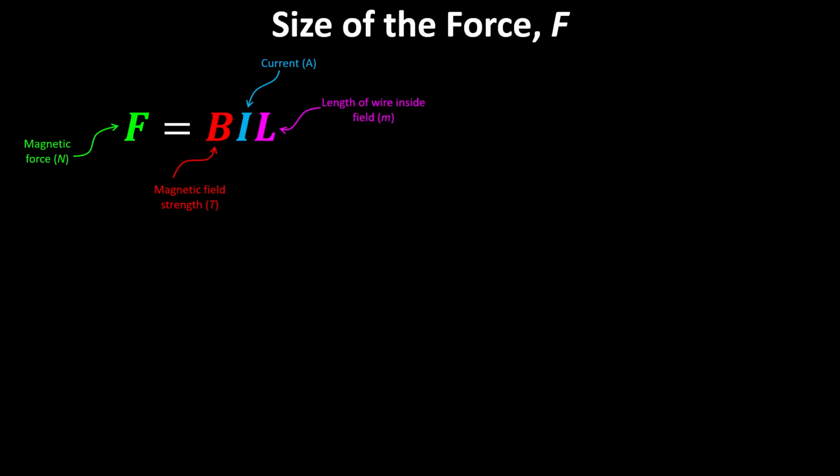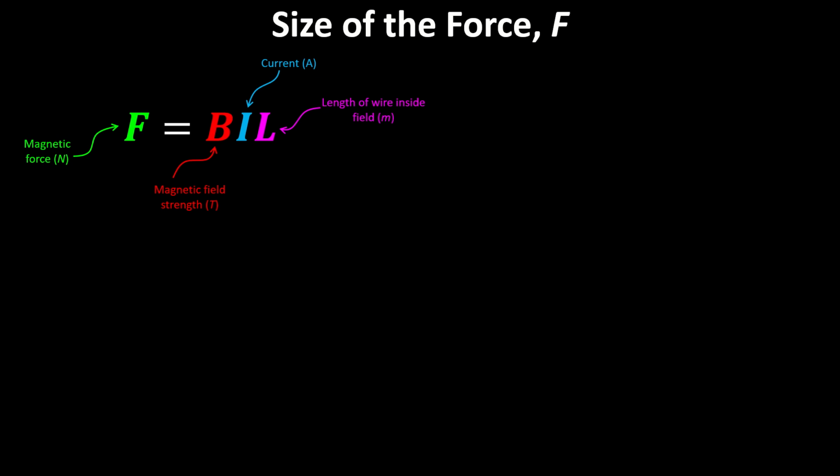We also need to find the size of the force. Now, from last time, we were talking about magnetic fields acting on wires. We have this formula, F equals BIL, where the force in newtons is given by the magnetic field strength in Tesla multiplied by the current multiplied by the length of the wire inside the field in meters.